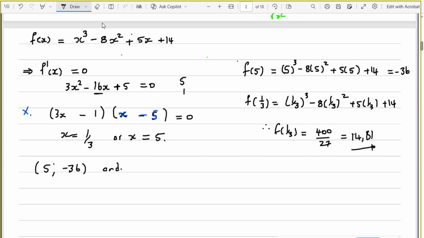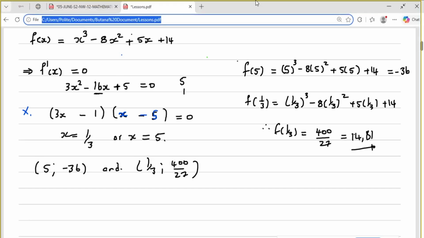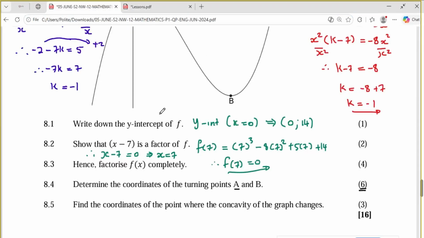So now when I look at this question, the answer this side will be 1 over 3 and 400 over 27. That's the answer. So these are your turning points. So which one is A, which one is B?